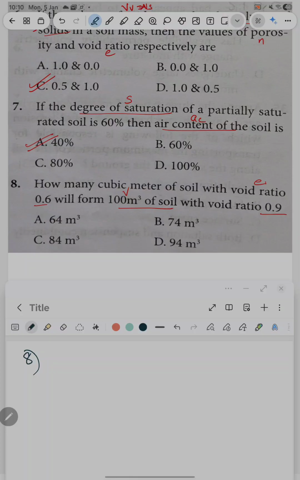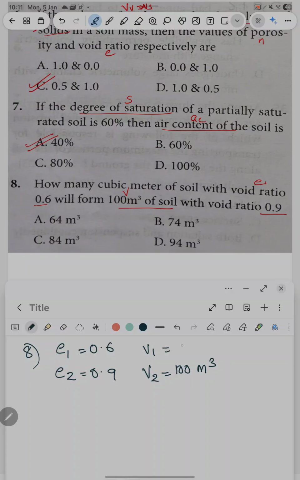Just write what is given in the question. Void ratio E1 is equal to 0.6, E2 is 0.9, and V2 is 100 meter cube. We want to find out V1.